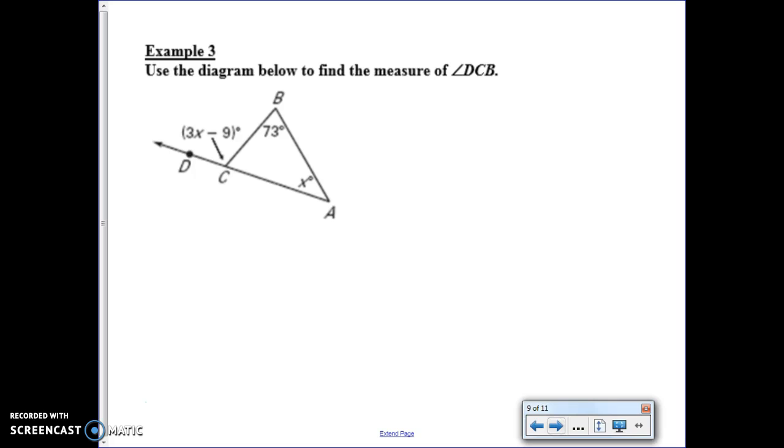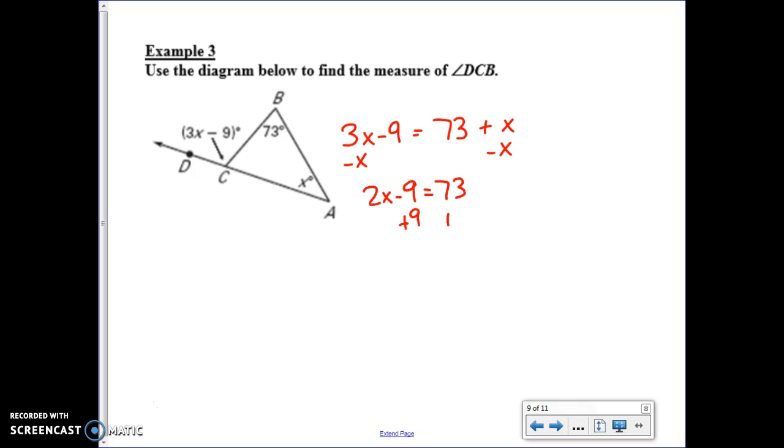So let's test out an example here. This is saying that outside angle, 3x minus 9, is equal to the other two angles inside that aren't touching it. So 73 and x added together. So now we're just doing algebra. So minus x on both sides. 2x minus 9 equals 73. Add 9 to both sides. 2x equals 82.